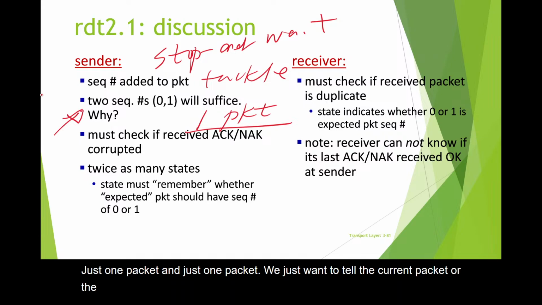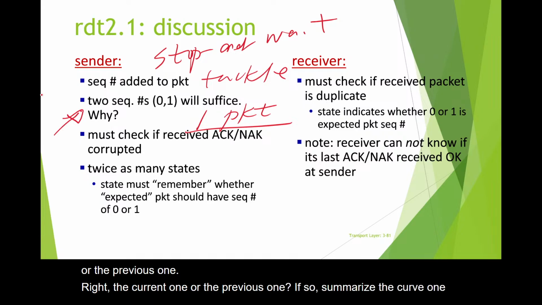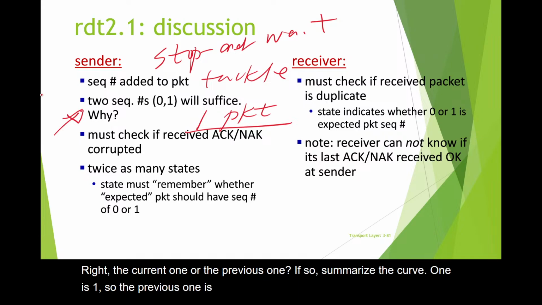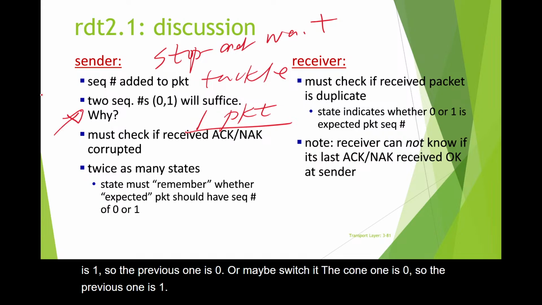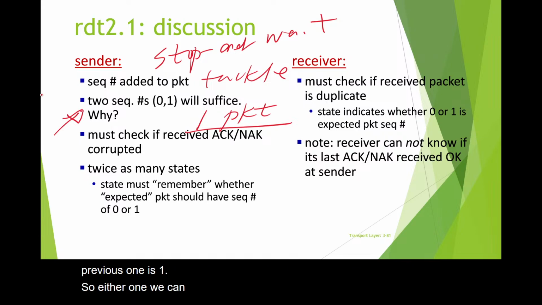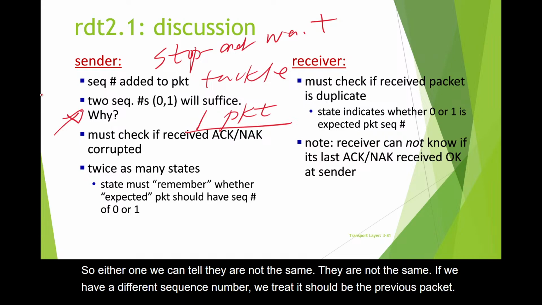If the current one is 1, the previous one is 0. Or switch it, the current one is 0, so the previous one is 1. Either way, we can tell they are not the same. If we have a different sequence number, we treat it as the previous packet. If so, then it's enough.